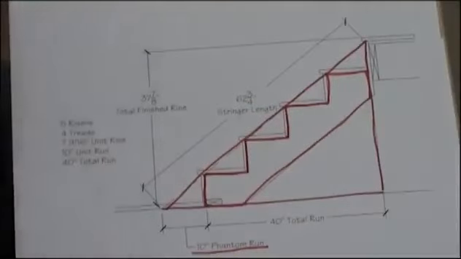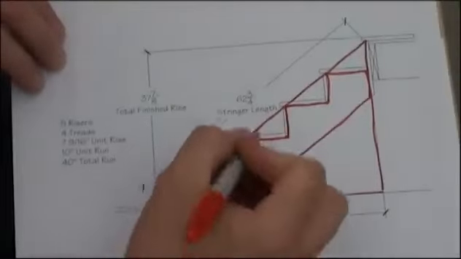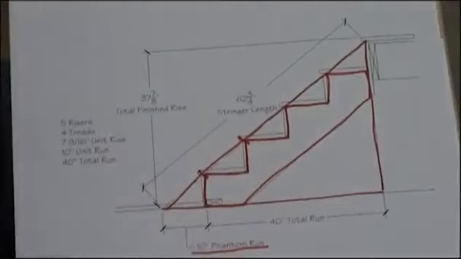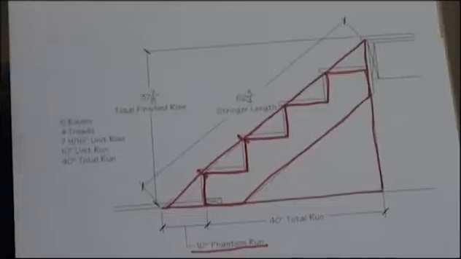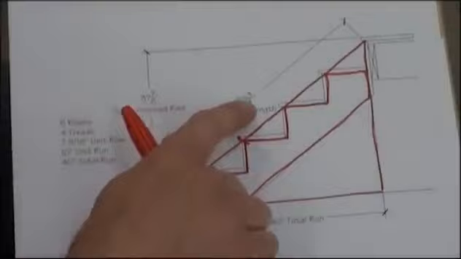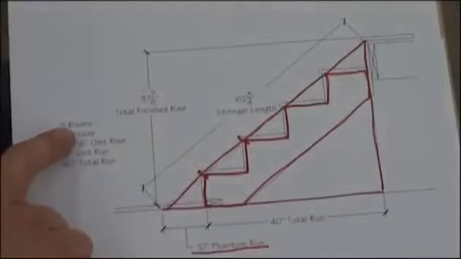So that is the stringer that we need to cut. To accurately cut that stringer, we will need to find the pitch length of 1 unit rise and 1 unit run. To do that, we can simply take our stringer length and divide by our number of risers.